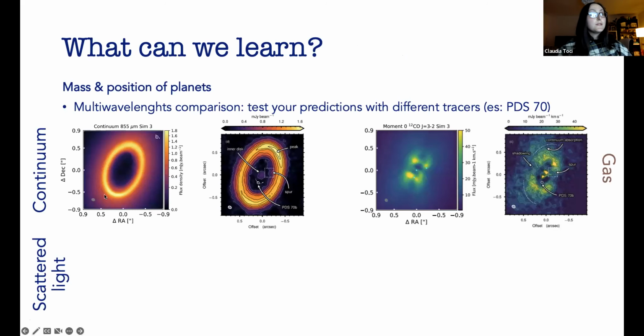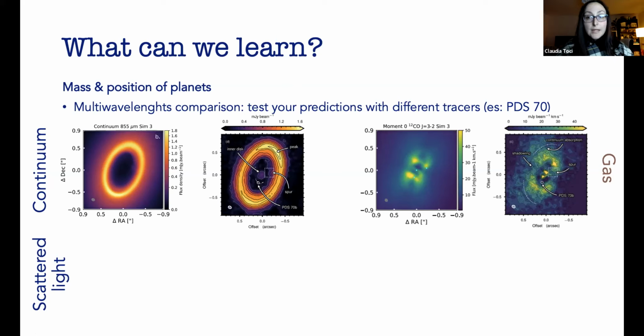For example, this is dust emission and this is gas moment 0 emission with the observations. This is Keppler et al. And also this one is from Keppler et al. And actually, in this simulation, we also reproduce the presence of some material around one of the planets. And also the moment 0 is quite similar to the one observed.